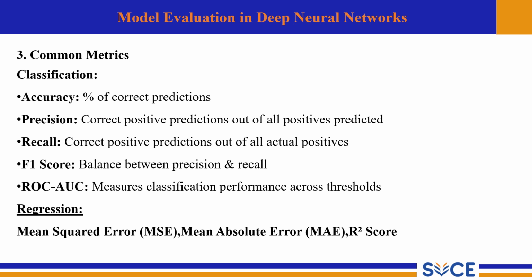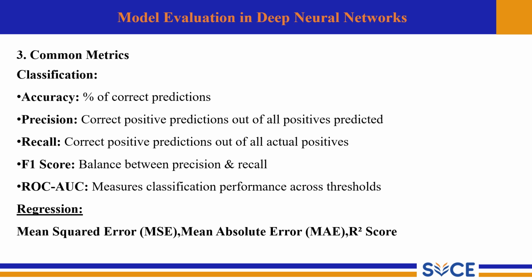Recall tells us how many of the actual positives were correctly found, and F1 score gives a balance between precision and recall. And then ROC AUC, which measures how well the model can separate classes across different thresholds.